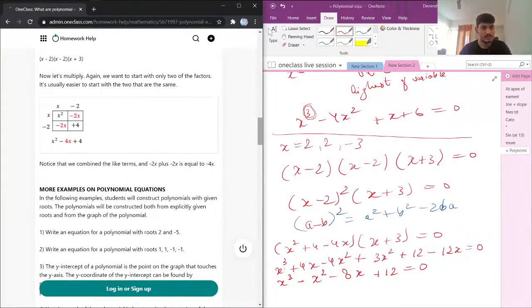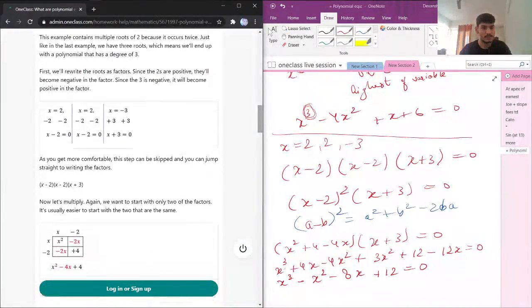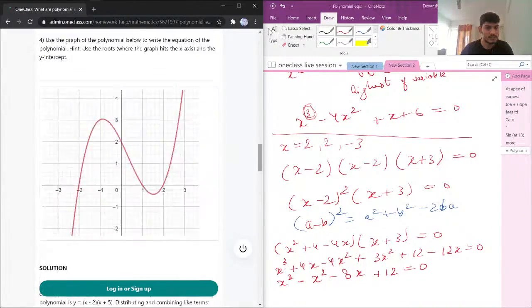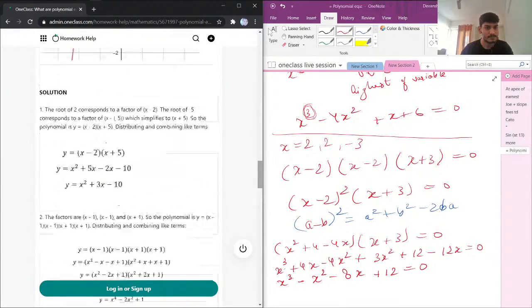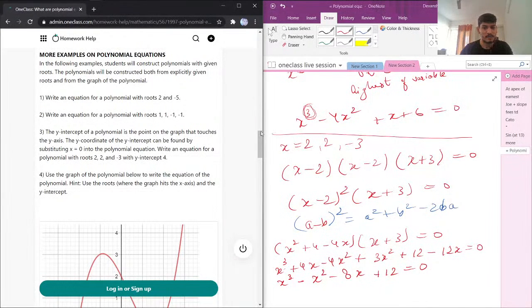Let us see the equation they have got. They haven't solved the equation yet. Okay, yeah, so more examples on polynomial equation.